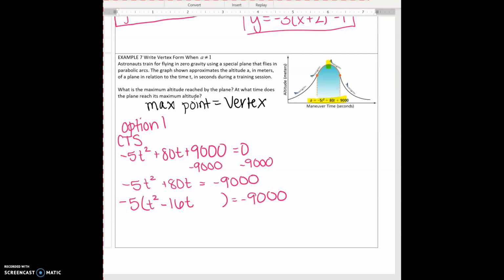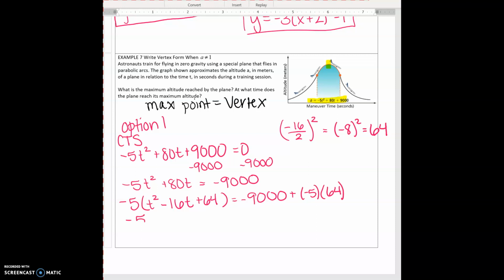Okay, so now we're doing that b divided by 2, so we have negative 16 divided by 2 squared, so that would be negative 8 squared, which gives us a positive 64. So we are adding 64 here, and on this side, we are adding negative 5 times 64.